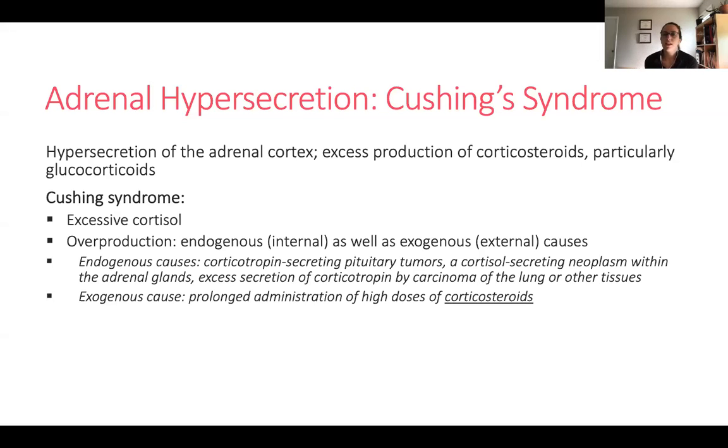As far as exogenous cause, external causes, that could be because of prolonged administration of corticosteroids. And this is actually the most common cause of Cushing syndrome, is the exogenous cause.